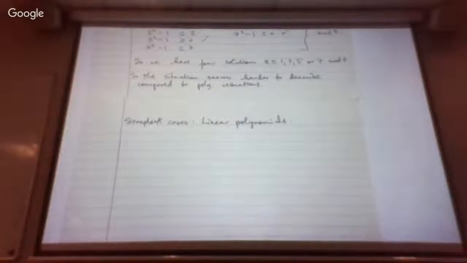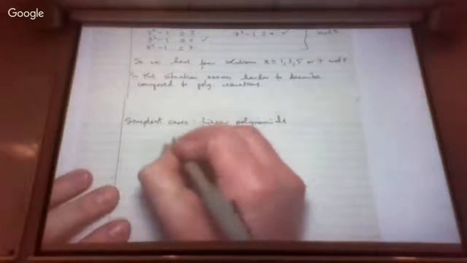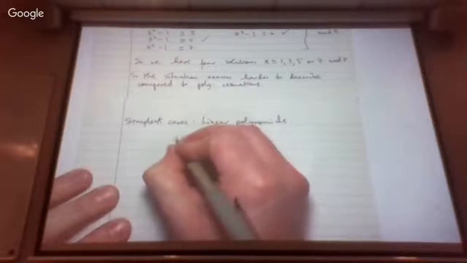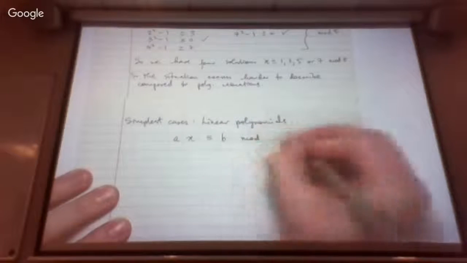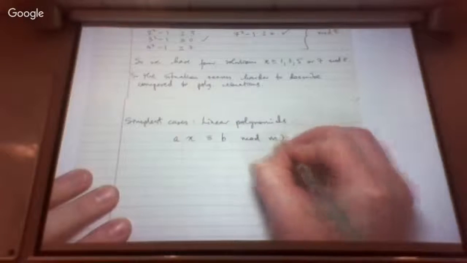So now the results are in the notes there, but we'll just do a bit of an introduction or a kind of a discovery of some of the possibilities just with a few examples before we look at the formal general results. Okay, so we'll be trying to solve this kind of ax congruent to b modulo n. Okay.